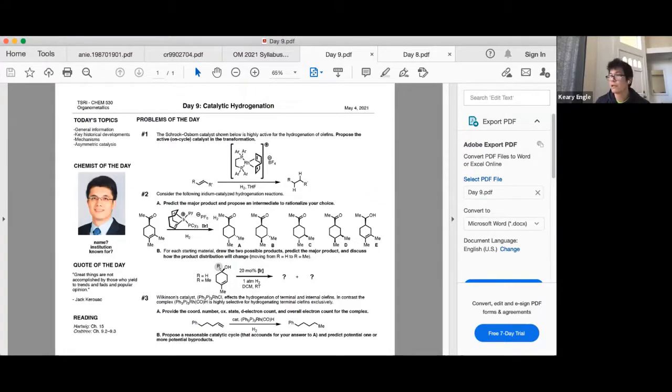We're about halfway there, so please register. Also take a look at B, which is asking for two products of this hydrogenation of this alkenyl alcohol, and then to rationalize something about product selectivity as a function of the substituent. So take a look at that as well, because I'm going to reshare my iPad.